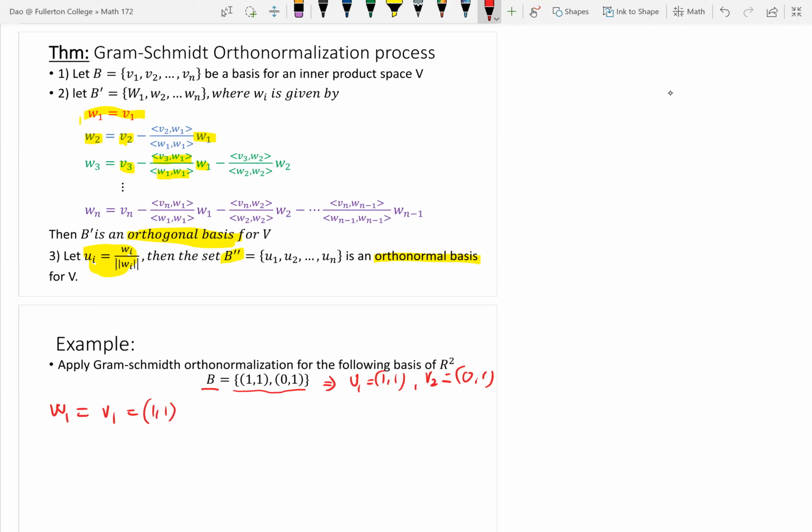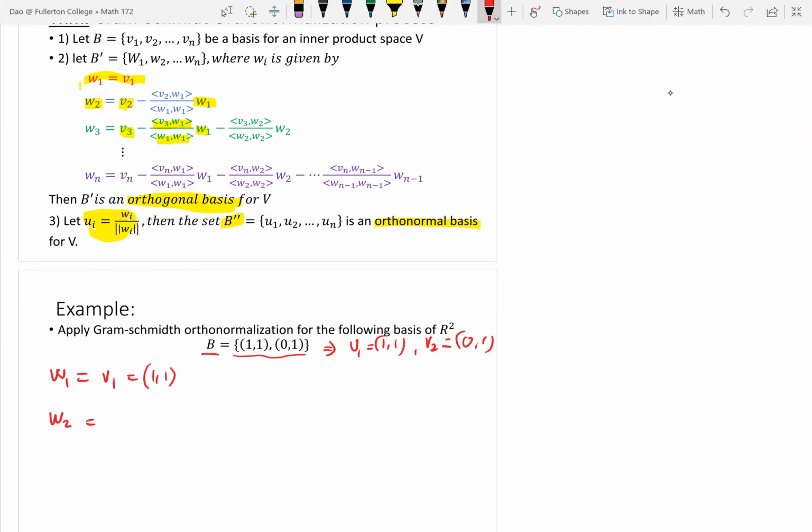Now we only have to find W2 because we're in R2, so we only need W1 and W2. W2 is equal to V2 minus the inner product of V2 and W1, divided by the inner product of W1 and W1, multiplied by W1.